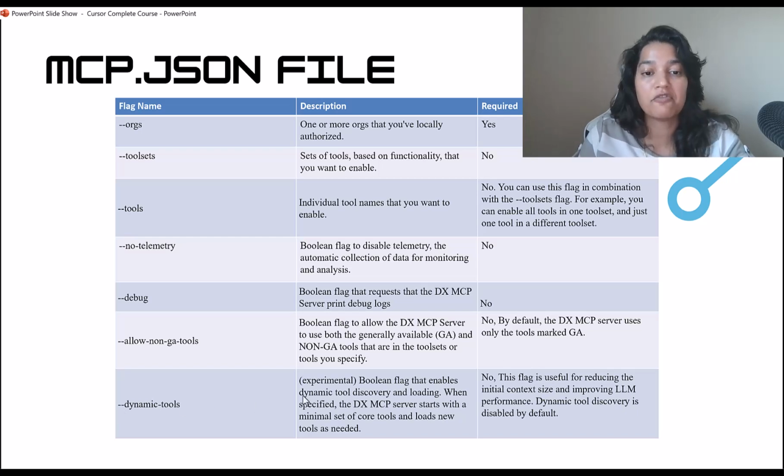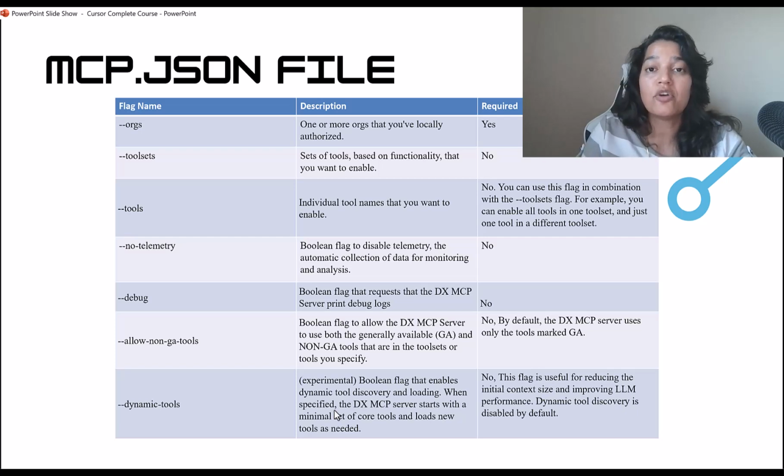Dynamic tools is a very powerful flag. It is a Boolean flag that enables dynamic tool discovery and loading. When this flag is specified, the DX-MCP server starts with a minimal set of tools, and if it needs more, it will load them dynamically. The benefit is that it reduces the initial context size. The more context size, the more money you will have to pay for that prompt to your model.